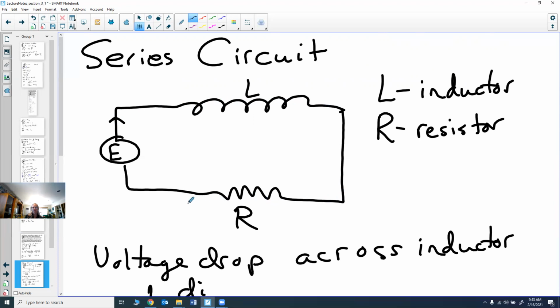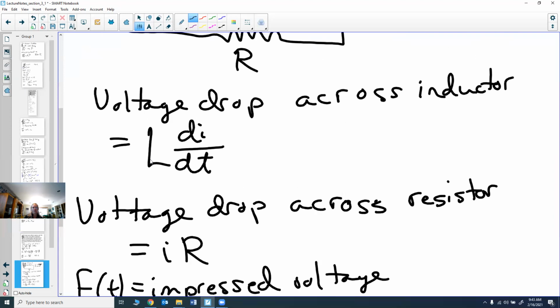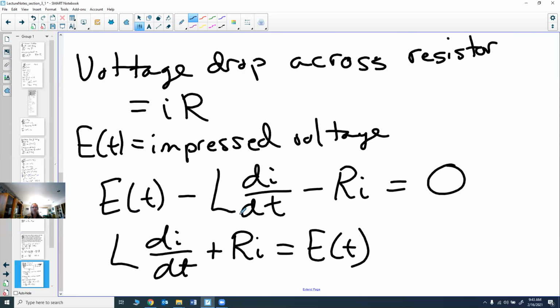We also have a voltage drop through R, so some of it's going away as it's coming through the resistor, and then we're back to our voltage source. So we end up with E of t minus the voltage drop through the inductor, minus the voltage drop through the resistor. Back to where we started means we get back to 0. Because Kirchhoff's law tells us that as you go around a closed circuit, you will get to 0.